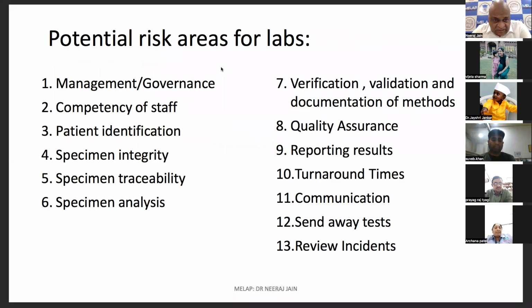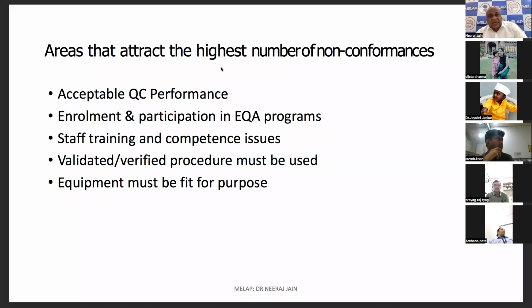These are the potential risk areas for your lab: management, competence of staff, patient identification, specimen integrity, specimen traceability, specimen analysis, that is the examination part, verification, validation, quality assurance, reporting of result, turnaround time, proper communication. All these are potential risk areas, and maximum non-conformance we get in the acceptable QC performance.